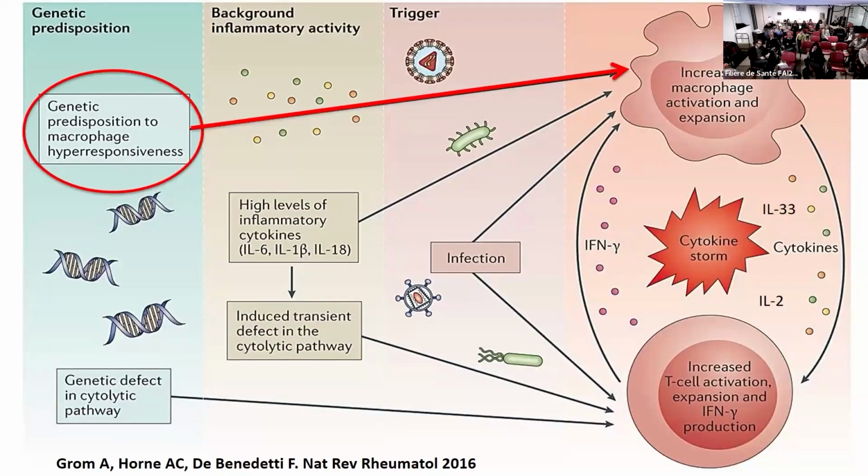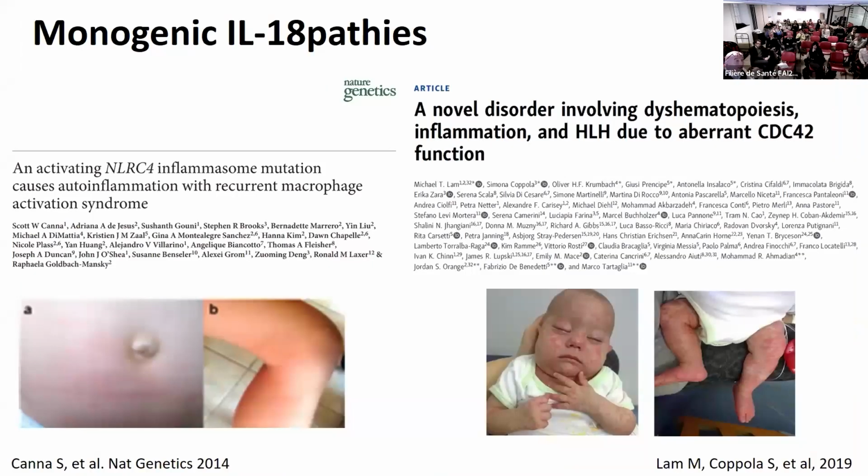We have also learned that genetic predisposition to macrophage hyperresponsiveness can lead to entering the same vicious circle. This is actually due to monogenic IL-18opathies. We have to learn to say this, IL-18opathies. It took me a couple of years.